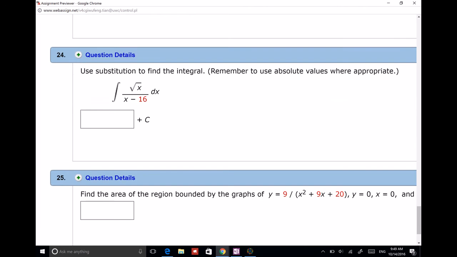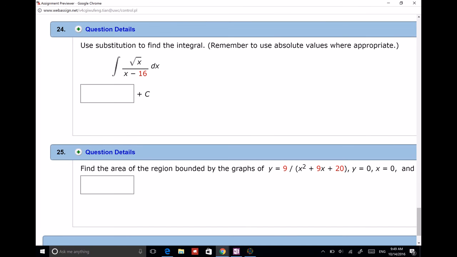And number 24, you can do the square root of x as the square root of x minus 4 times the square root of x plus 4. You can set x equals 4 secant squared theta. So you can use trigonometric substitution for this.